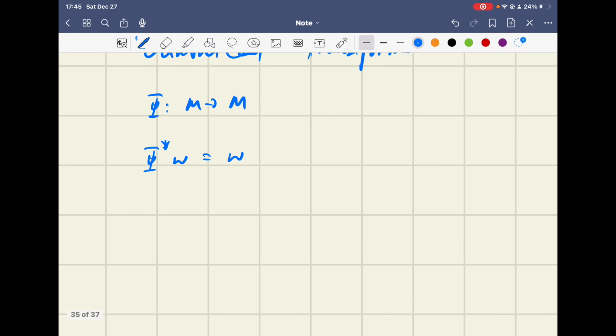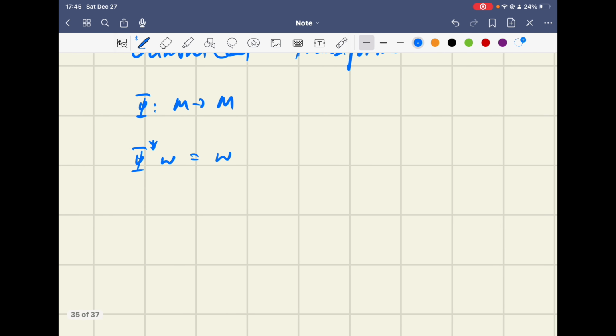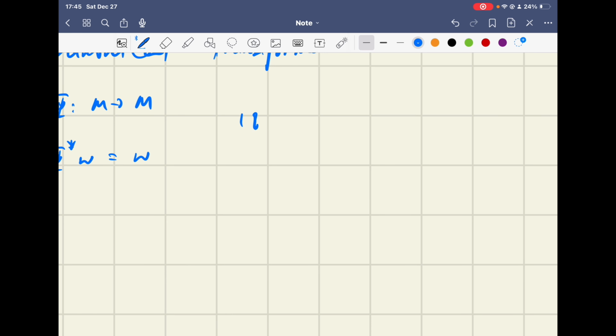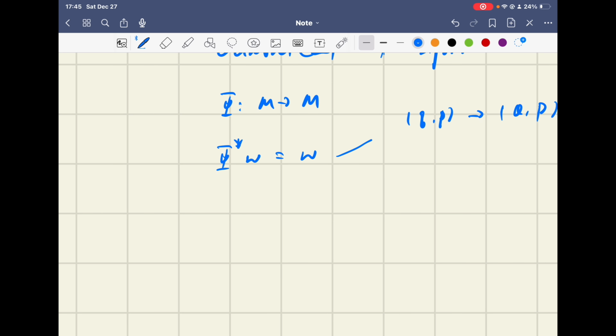Let's see why. Say the previous set of coordinates we use is small q and small p, and we transform it into big Q and big P. Let's substitute this back in.